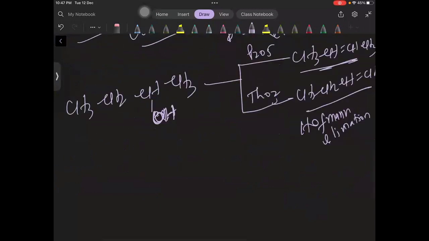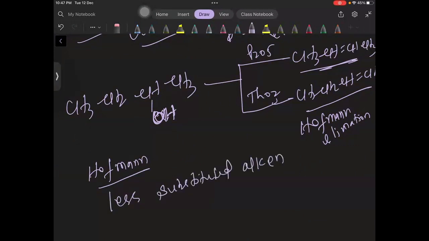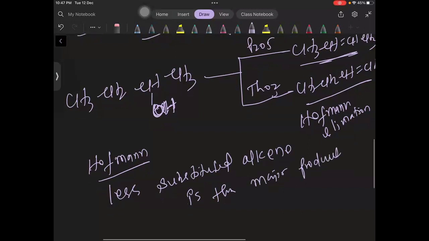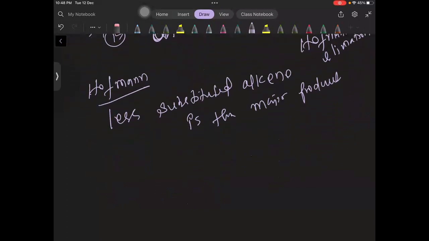But now we are discussing Hofmann elimination. According to Hofmann, the less substituted alkene is the major product, because a bulky reagent cannot attack the hindered beta position. Here is an alpha, here is a beta, and here is also a beta. A bulky base faces difficulty attacking the hindered beta position, so it attacks the less hindered beta position.